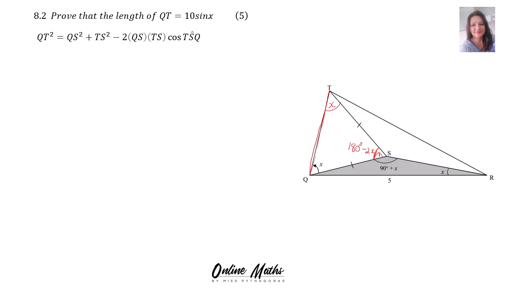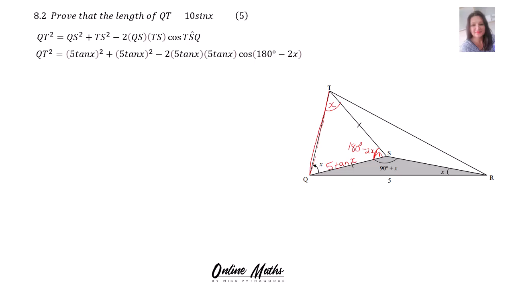So to write the cosine rule in terms of this triangle is going to be QT squared is QS squared plus TS squared minus 2 QS TS, the cos of angle TSQ. And then we substitute in the values. So we know that from the previous sum, the length of QS was 5 tan X. And then the same will be for TS because it's an isosceles triangle.